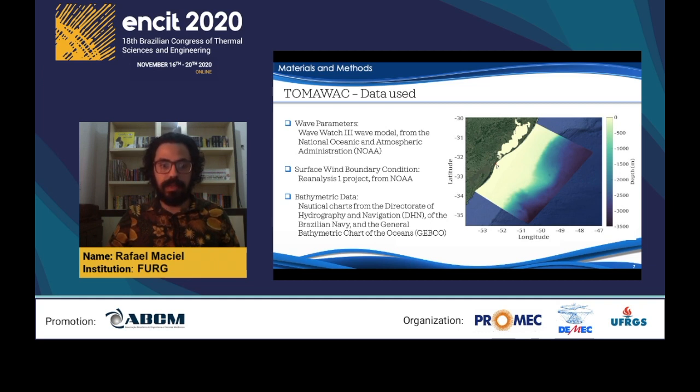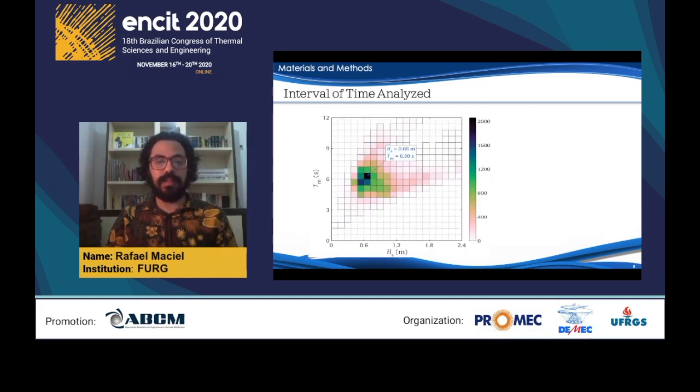For the bathymetric data, we used nautical charts from the Directorate of Hydrography and Navigation of the Brazilian Navy and the General Bathymetric Chart of the Oceans. So from the sea state simulated by Tomawac, we were able to obtain the significant height and average period for all the year 2014.